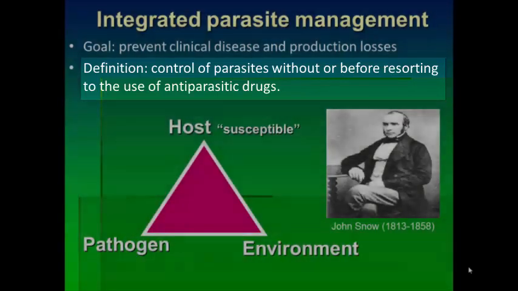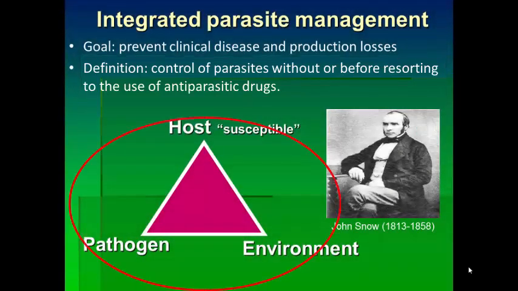And I often like to use this epidemiologic triad as a model to illustrate this concept. You can prevent disease by acting on the three corners of this triangle. And this is exactly what John Snow proved in the early 19th century.